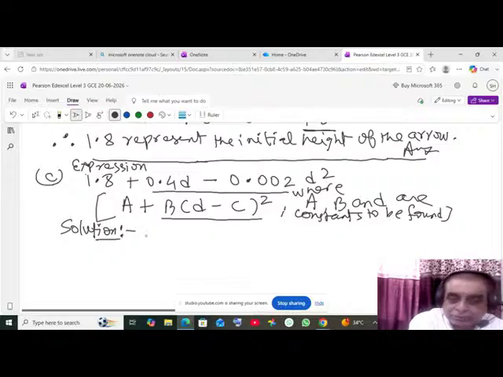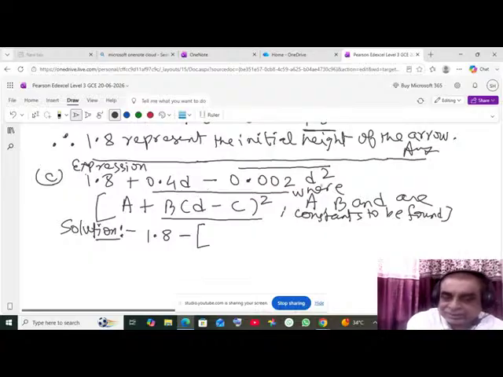I am writing the constant number 1.8 separately. From the two terms 0.4d and minus 0.002d squared, I am taking the negative sign out, because inside the bracket you have to make the d squared term positive.